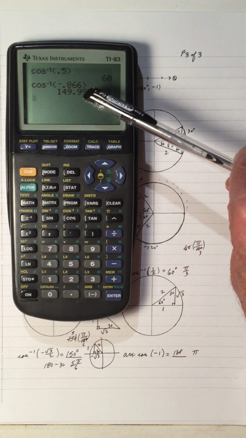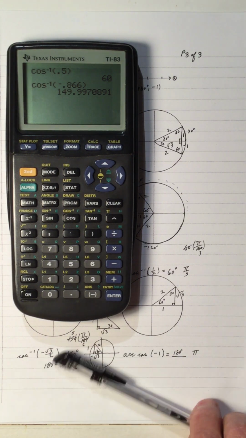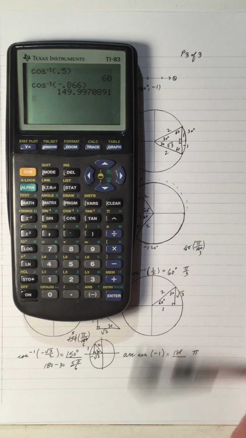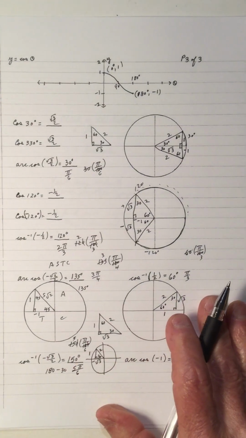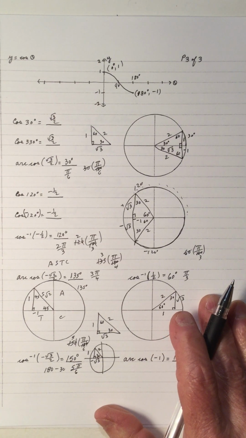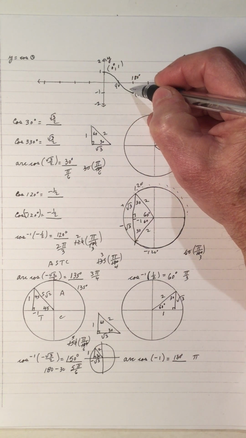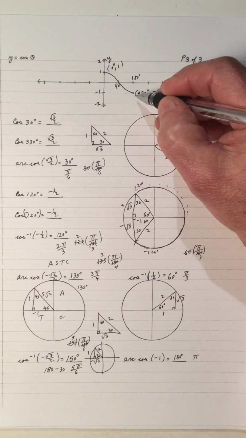So when you do arc coses, arc sines, or any inverse on a calculator, it'll only give you a positive number, and the positive answer is always between 0 and 90. But for the negative number, with cos, it will be between 90 and 180.